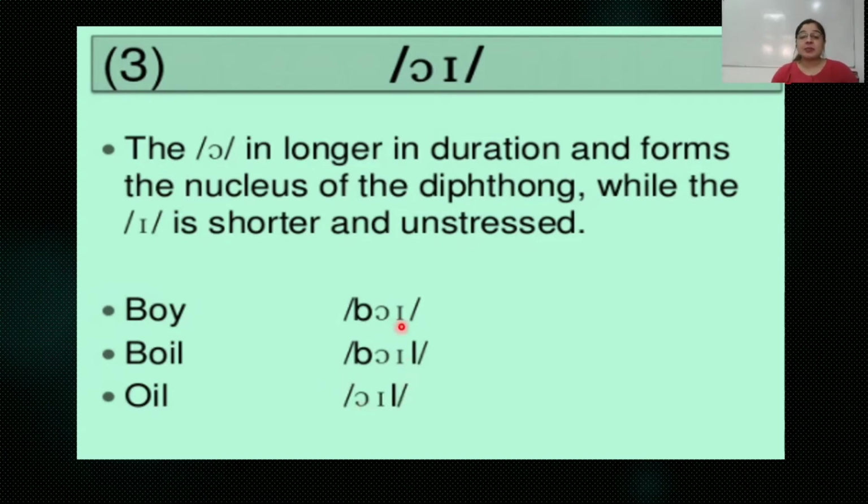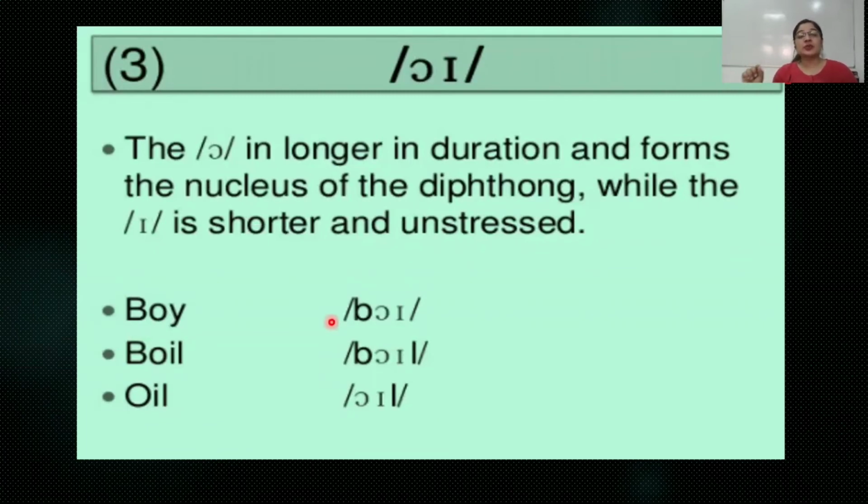By reading the symbol, even if you don't know how it will be pronounced, if you know the sounds of these symbols, definitely you're going to pronounce it. Now if you talk about phonetic transcription, ma'am, you have written b, and this b is the same as here. My dear students, we are going to cover consonants also in the next video.